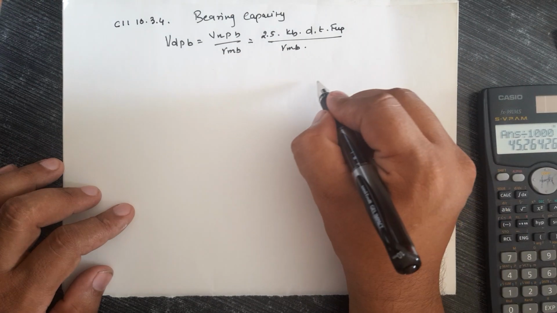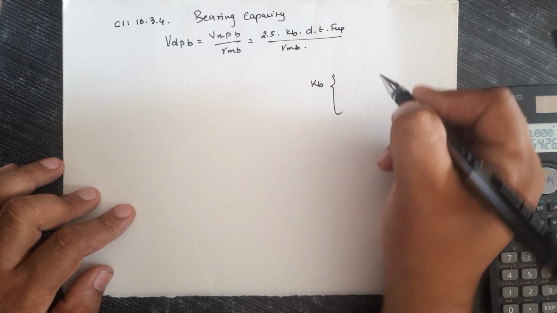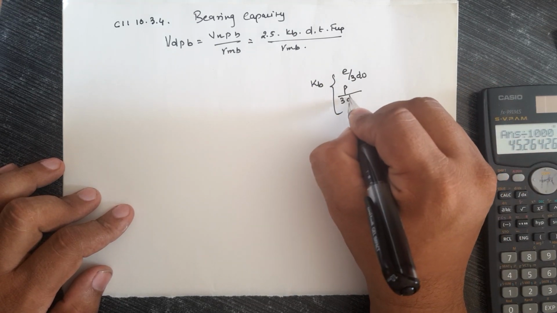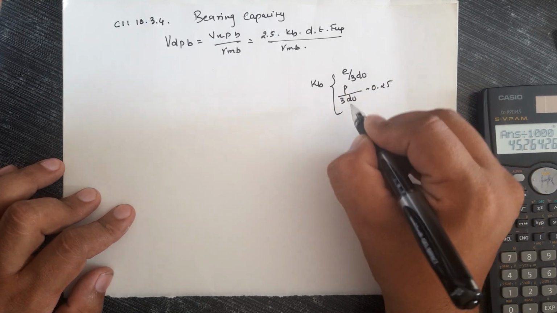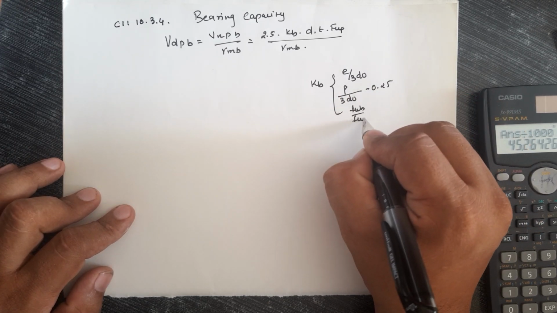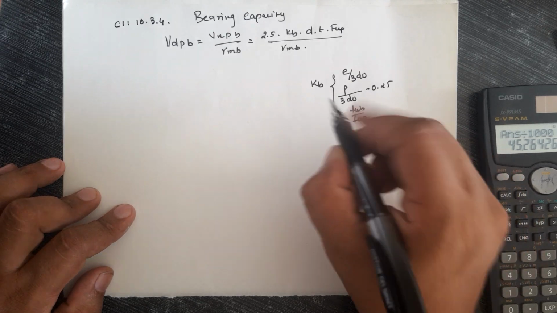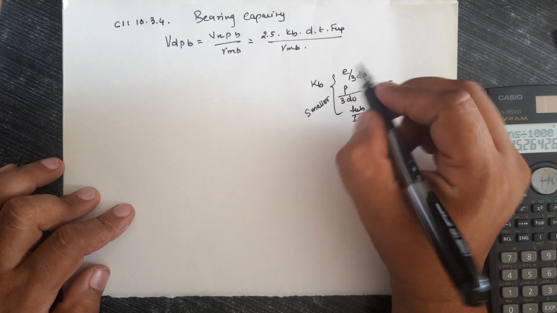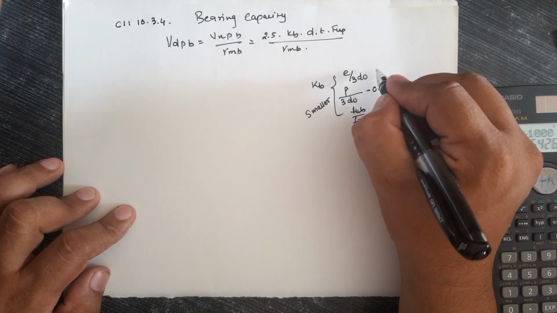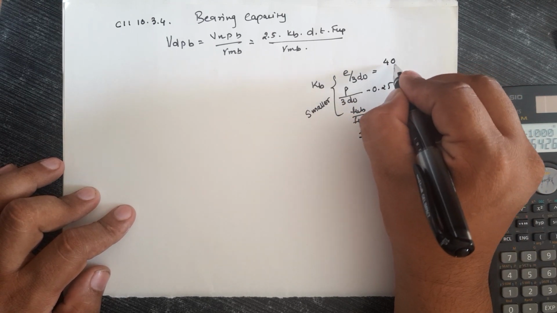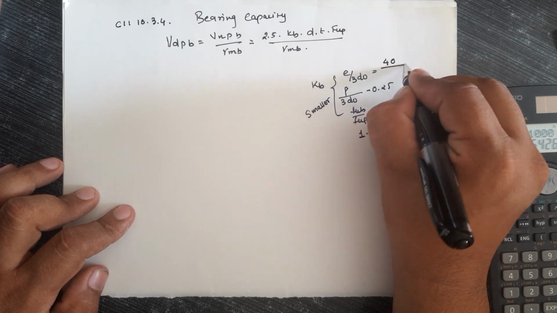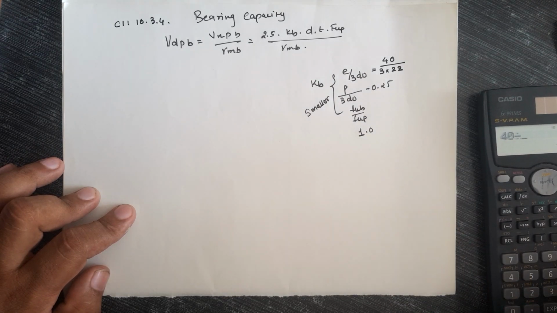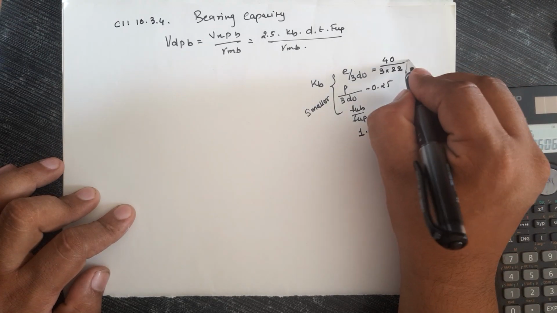In this term, kb is the smaller of these four values: E by 3d0, P by 3d0 minus 0.25, FUB by FUP, and 1.0. From the above calculation, E is equal to 40 and d0 is 22. So 40 by 3 into 22 is 0.606.